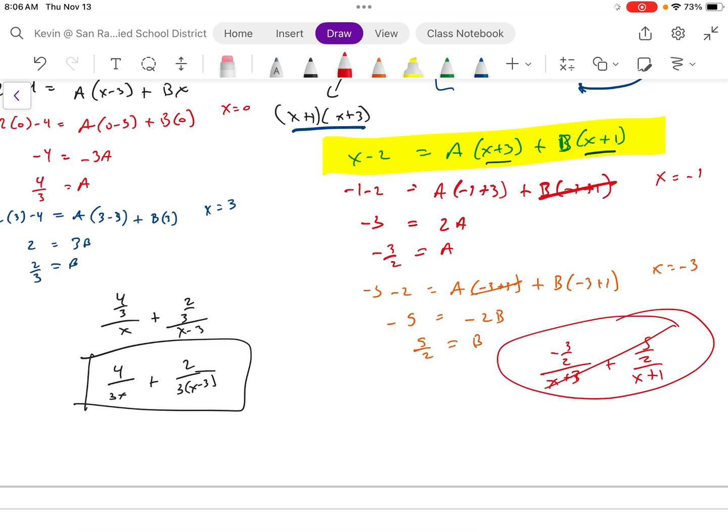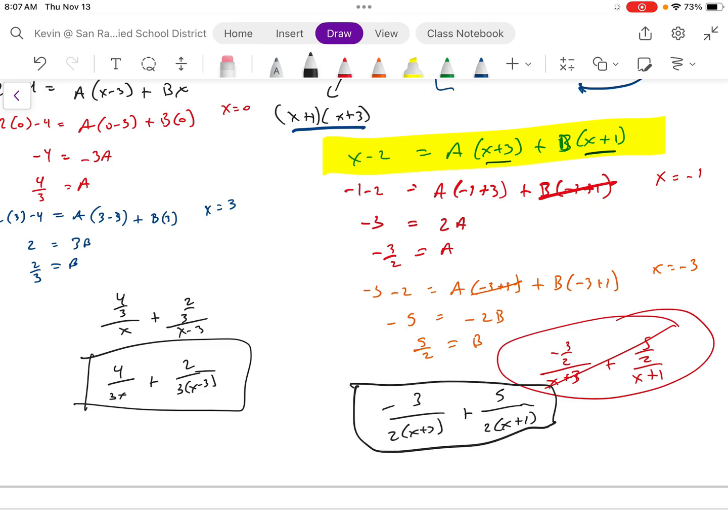I'm going to write it out as -3 over 2 times x plus 3 plus 5 over 2 times x plus 1, and just leave it like that. That's fine. You don't have to distribute this in here. You could if you wanted, but it's not needed. This is perfectly fine.